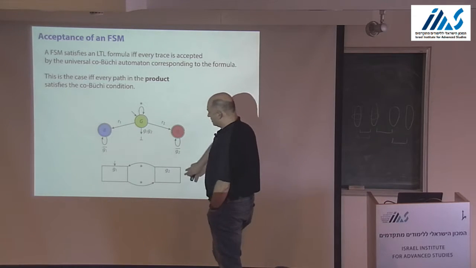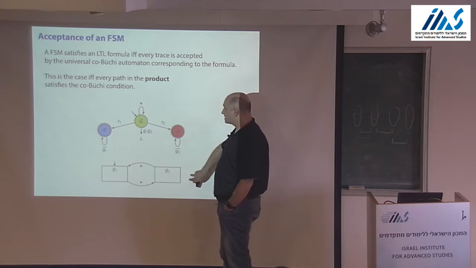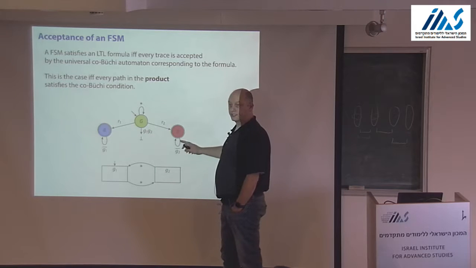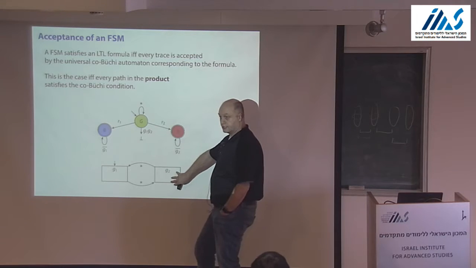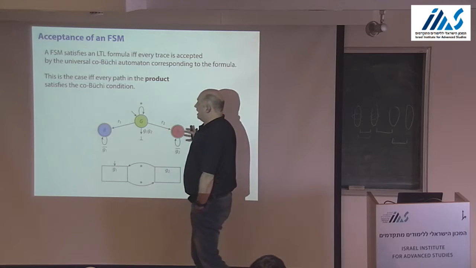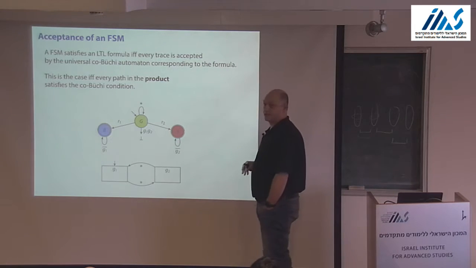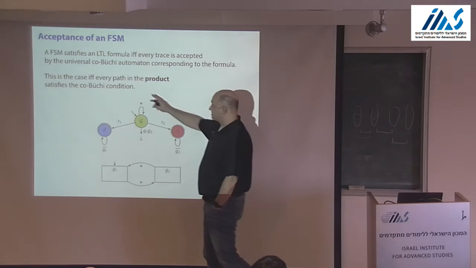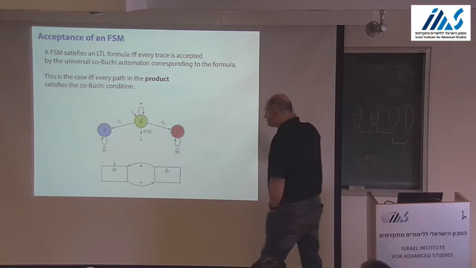Now, if I want to know if this arbiter is correct, then I look at the product between the implementation and my universal automaton, and make sure that every path in this product satisfies the co-Büchi condition.